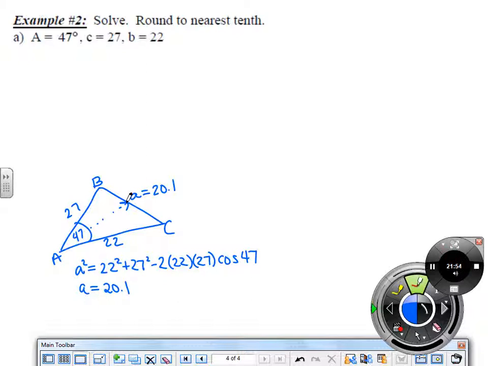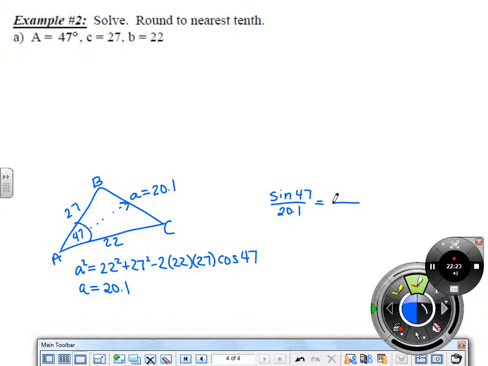Okay? The only thing we need to be a little bit aware of is the order in which we go find the angles. So make a note about this on your paper. If you are solving for an angle using the law of sines, okay? So let's say I set this up. I'm going to do the sine of 47 over 20.1 equals, and I actually feel like I have two choices right now, right?